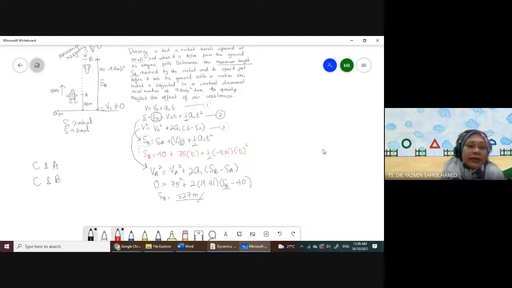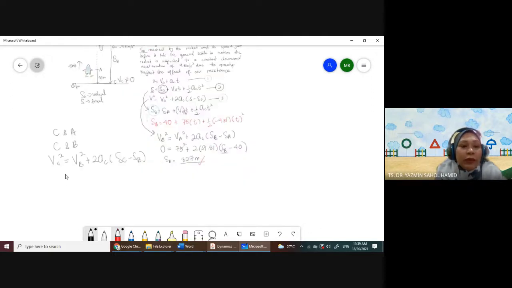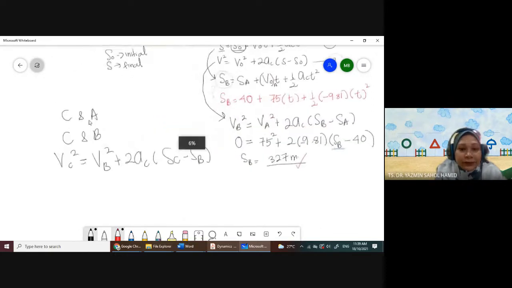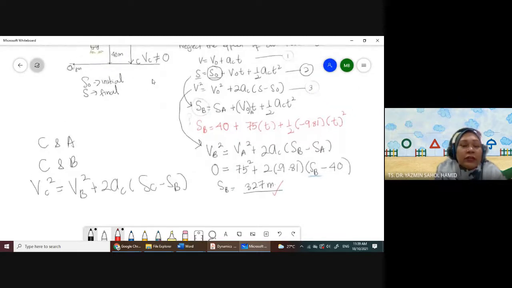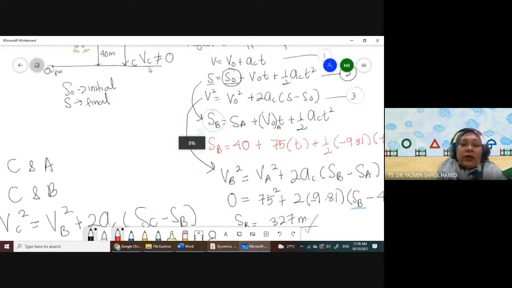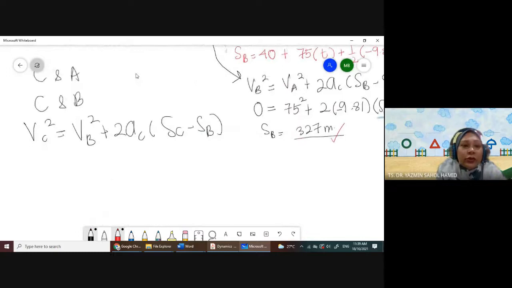For example, consider point C and B. It will be VC squared equals VB squared plus 2A(SC minus SB). You will get the same answer if you consider point C and point A. And the velocity just right before it reaches the ground is not zero.